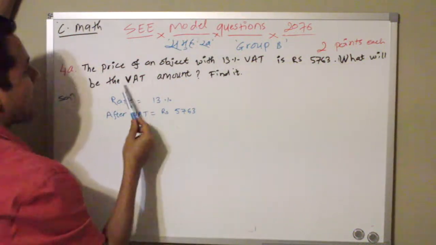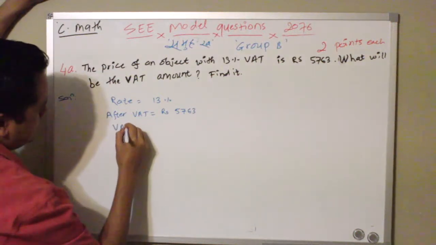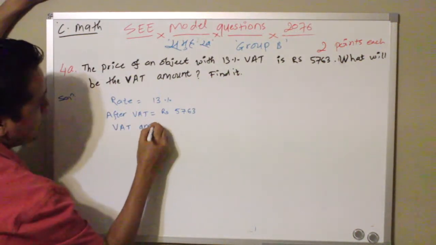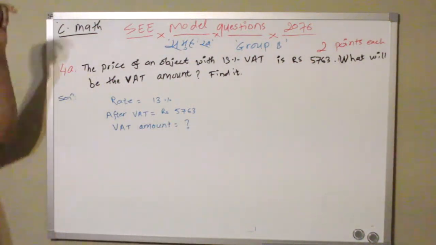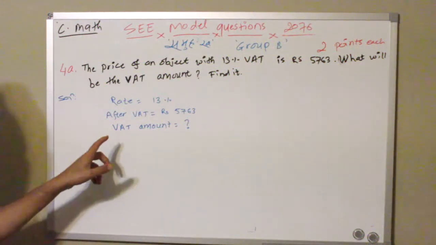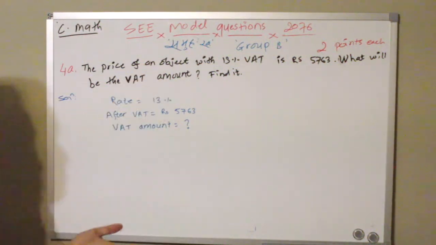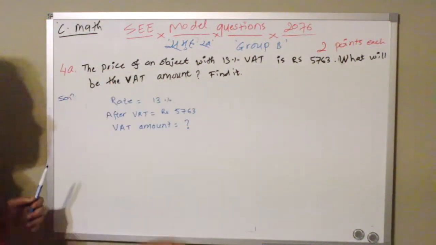So what is the VAT amount? I have to find out the VAT amount. The rate is given, right? At this point, if we have the value of an object, we can directly say that this is 13% of that value.